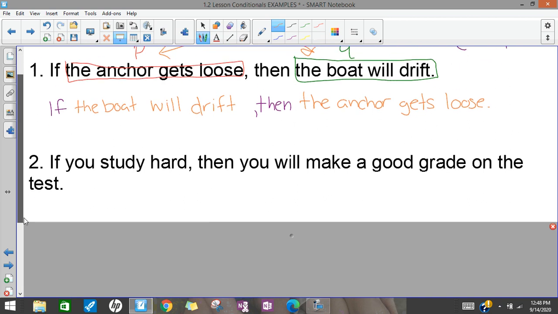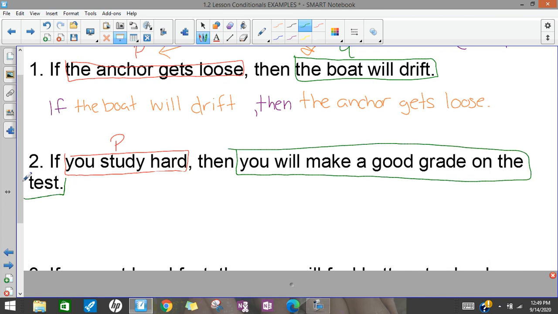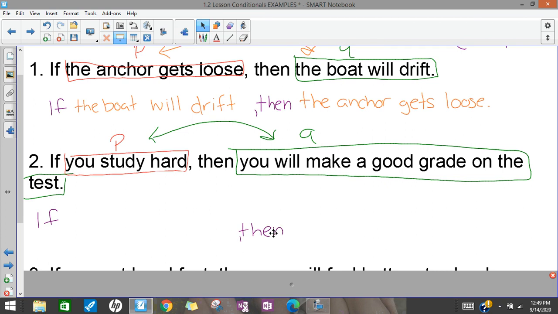Sometimes we do silly sentences in this unit. So let's identify that you study hard is my P, and you will make a good grade on the test is my Q. I want to switch them. If and then are going to stay in the same spot. Even if you want to do it like I'm doing it right now, we can start with the if then, if that works for you, and then we'll write Q. I probably am going to need some more room for that.